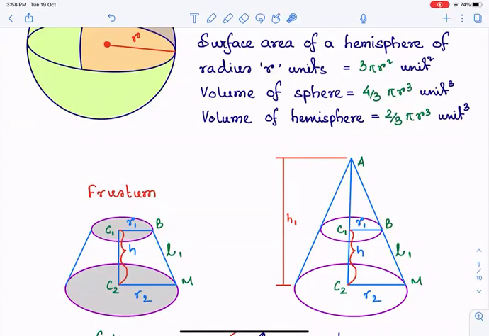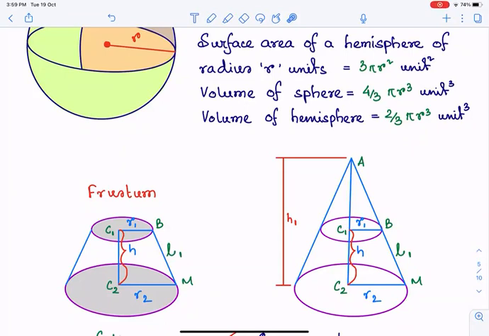Okay, so let us consider this frustum where the centers of the circular surfaces are C1 and C2 respectively. The smaller circular surface has radius R1, the greater one has radius R2, and the slant height of the frustum is marked by L1.